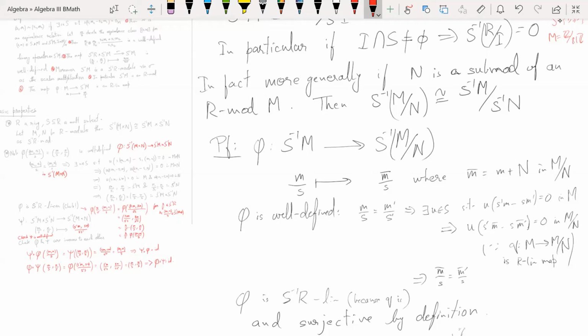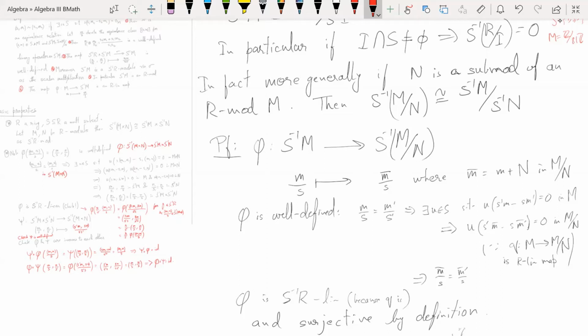You'll have to give a natural map from S inverse N to S inverse M, show that the map is injective and linear, and hence you'll get a natural submodule; the image is naturally a submodule. It looks tautological, but one has to keep in mind that there are different things, so one has to be careful.